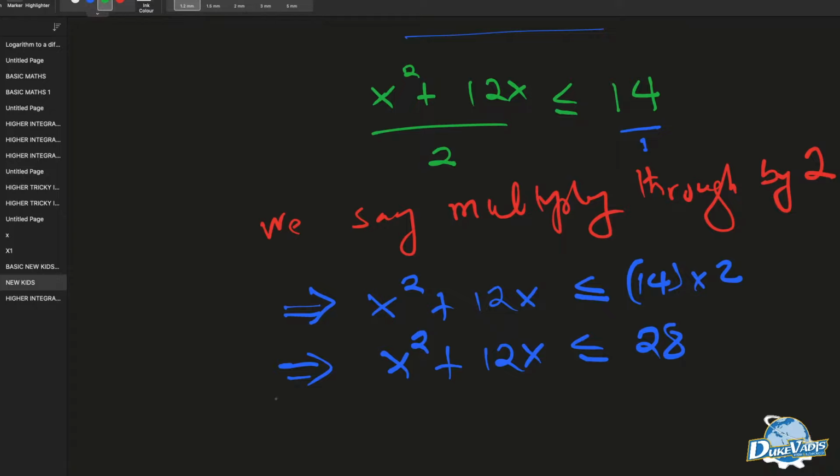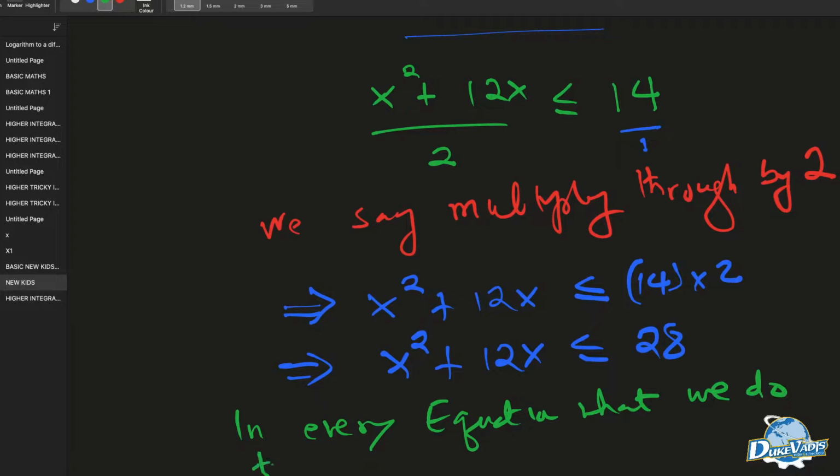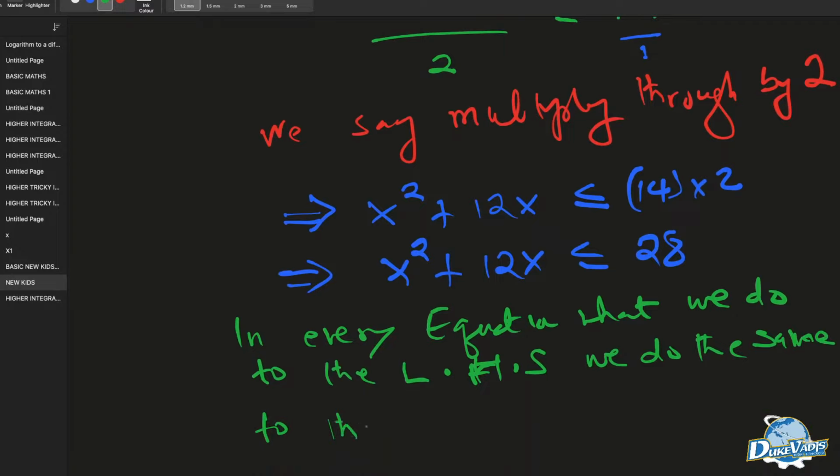So we say in every equation, what we do to the left hand side, LHS, we do the same to the right hand side, RHS.